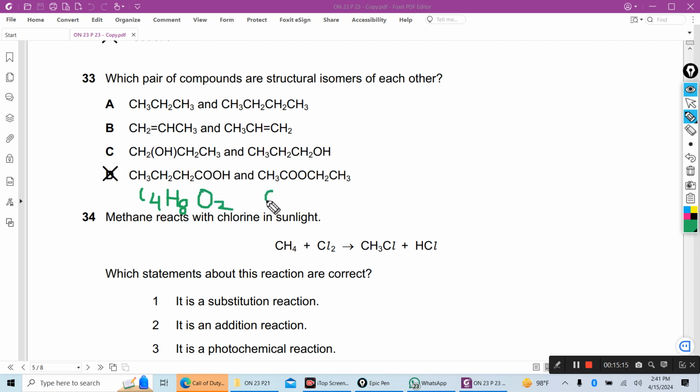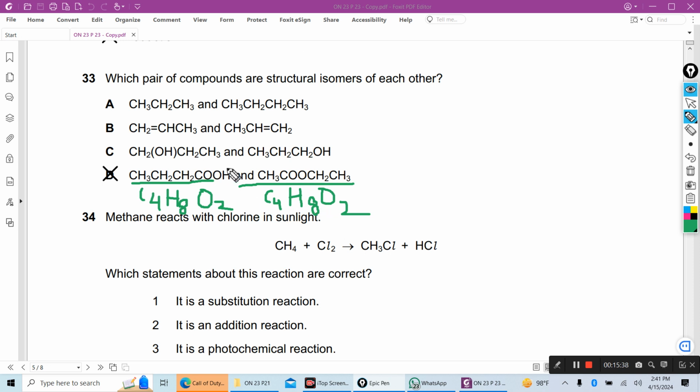This also is C4H8O2. So butanoic acid and ethyl ethanoate have the same molecular formula, so they are structural isomers, but their structure is different, the displayed formula is different.